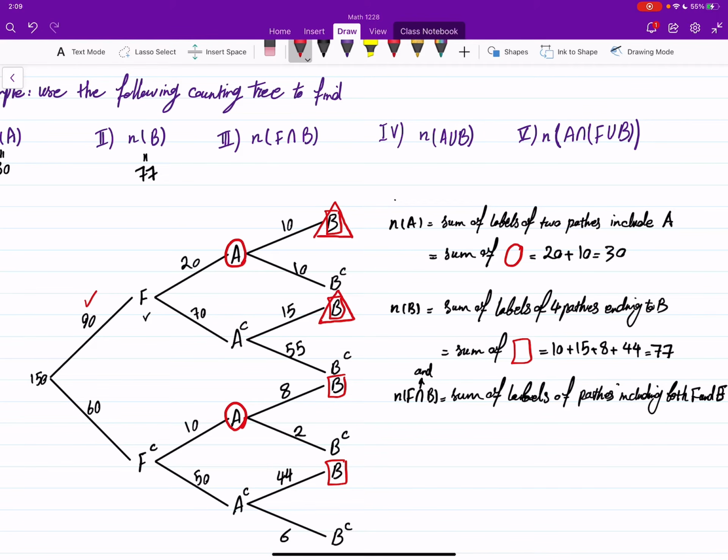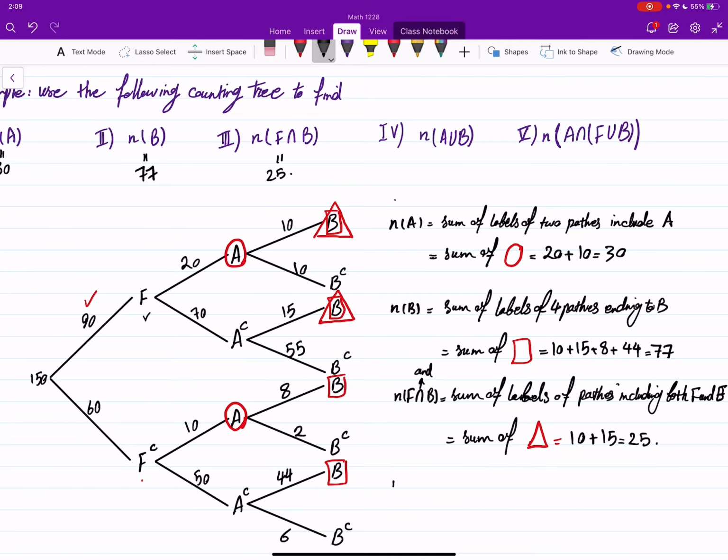If I go down, there's no F there, so I won't find any other. So there are only two paths which include both F and B. I have to sum the numbers on those, in this case triangles, and that will give me 10 and 15. This is 25. Nice.